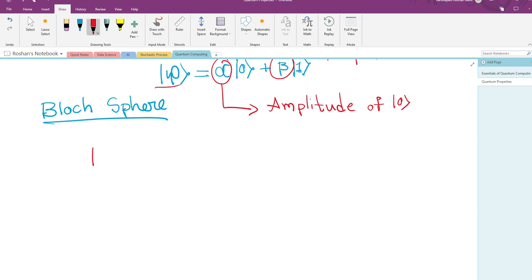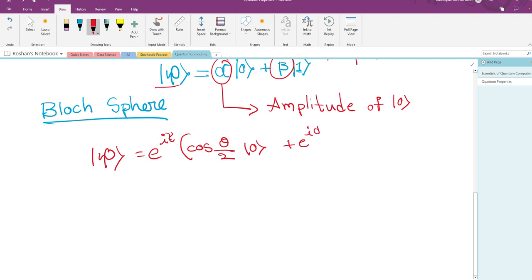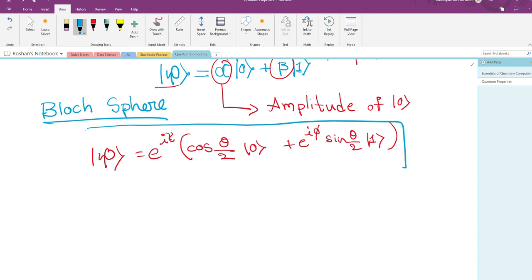It is |psi> = e to the power of i gamma (cos theta by 2 ground state plus e to the power of i phi sin theta by 2 excited state). Remember this formula, it's important.